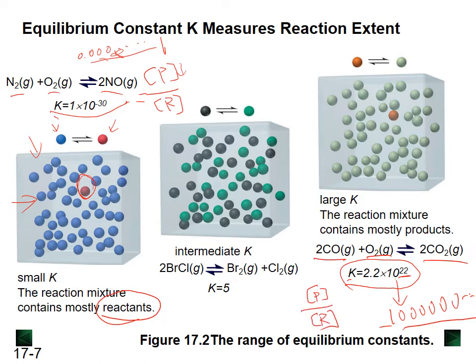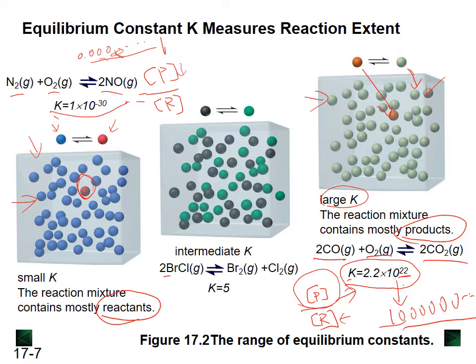So if this is such a large number, that means you have a lot of product and a small amount of reactants. If you look at the diagram, red is the reactants. So you only have one reactant, and the majority are product. So product divided by reactants gives you a large K. In this case, large K favors product, because mostly it is product.